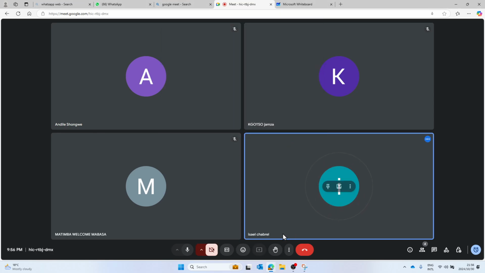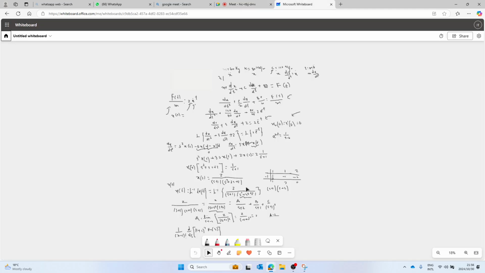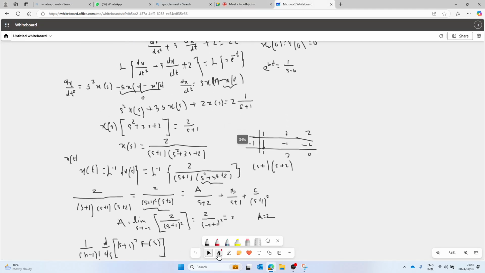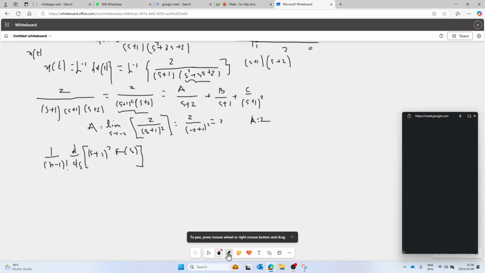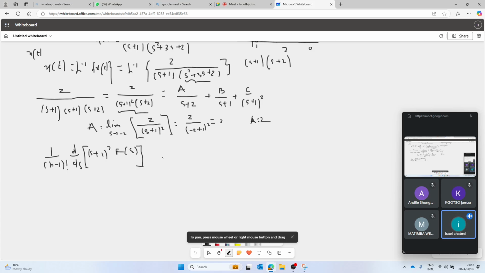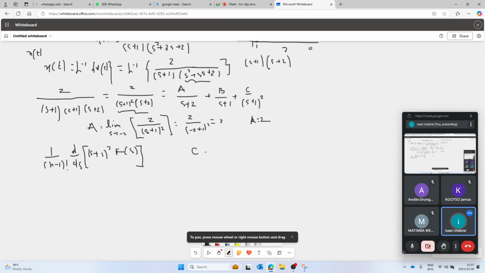Okay, Mr. Kotso, what I was saying here, let me zoom in and pin here. If we want to get A and C, it will work. For C, we can apply this. C will be equal to the limit of s moving to minus 1, in such a way that multiplying by s plus 1 squared cancels out this term.